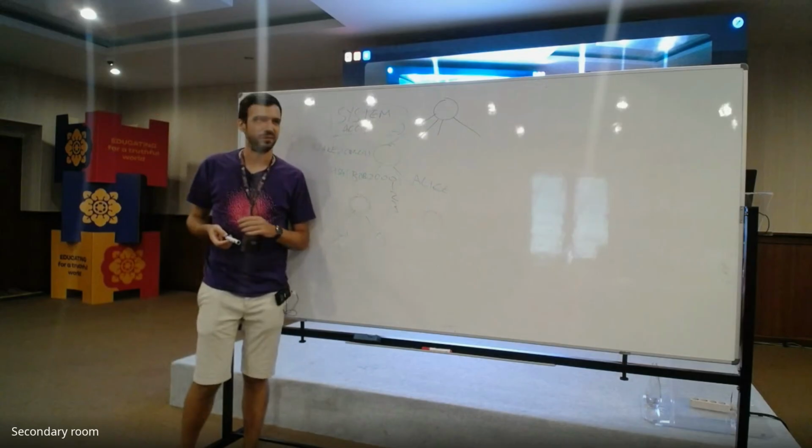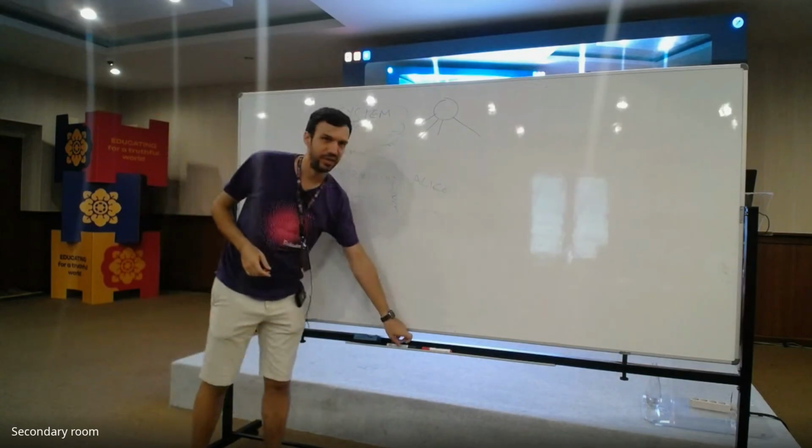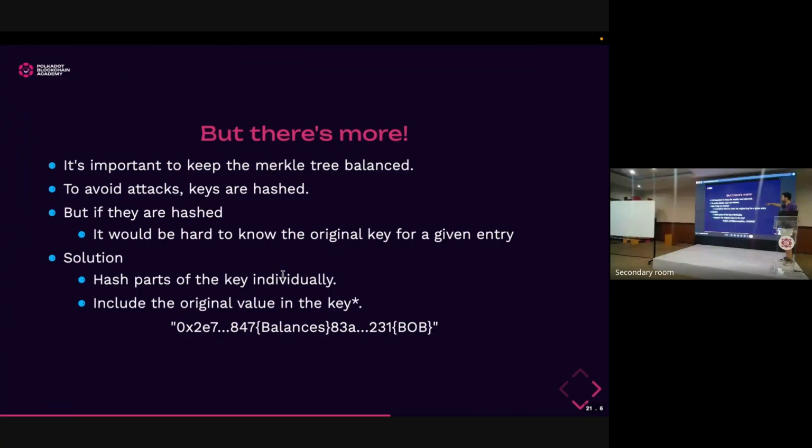But that's a problem for another day, I guess. So yeah, essentially this is what I explained, right? The end solution is to do this concat. So we make the hash of balances, and we put, okay, this is balances, and then we make the hash of Bob, and we put the string Bob in it, so that we can read it back essentially.